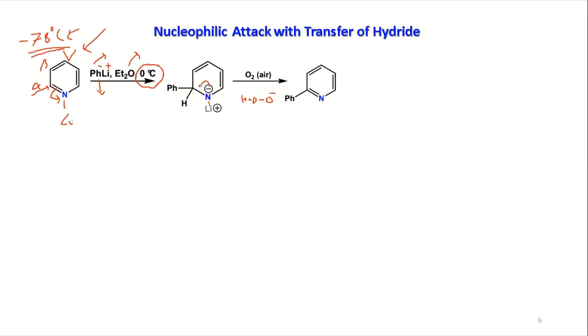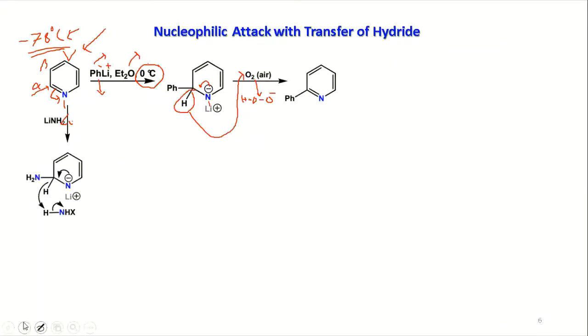You have this nitrogen electron will come on, making the pi bond, so you have double bond formation. The hydride has to come out, and it is reacting with the molecular oxygen. It is generating this peroxide, and then you'll have the aromatization here.